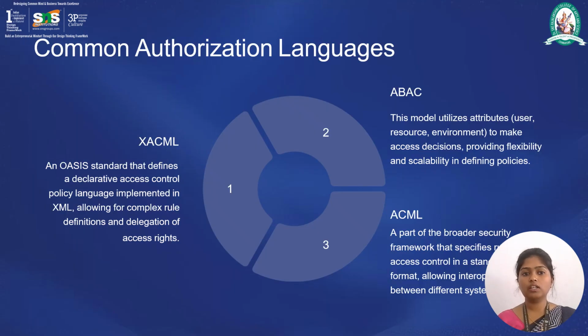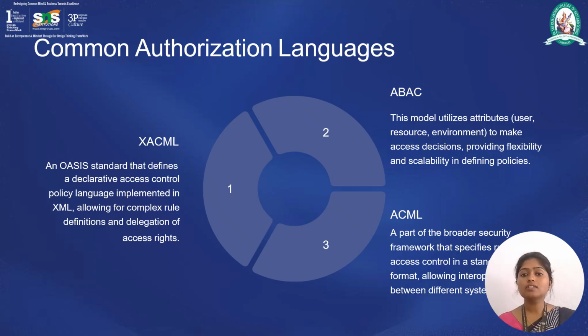In this slide, I cover the common authorization languages: XACML, ABAC, and ACML. The definition of XACML is an access control standard that defines a declarative access control policy language implemented in XML, allowing complex rule definition and delegation of access rights.